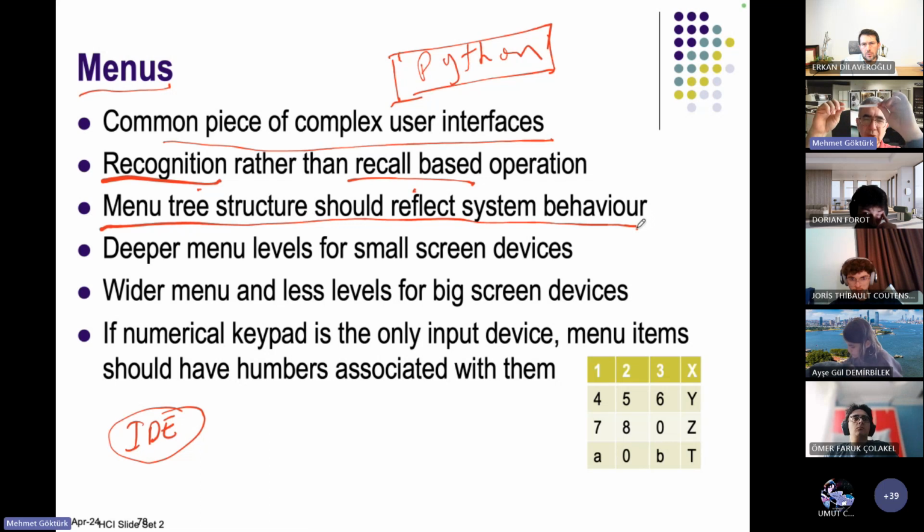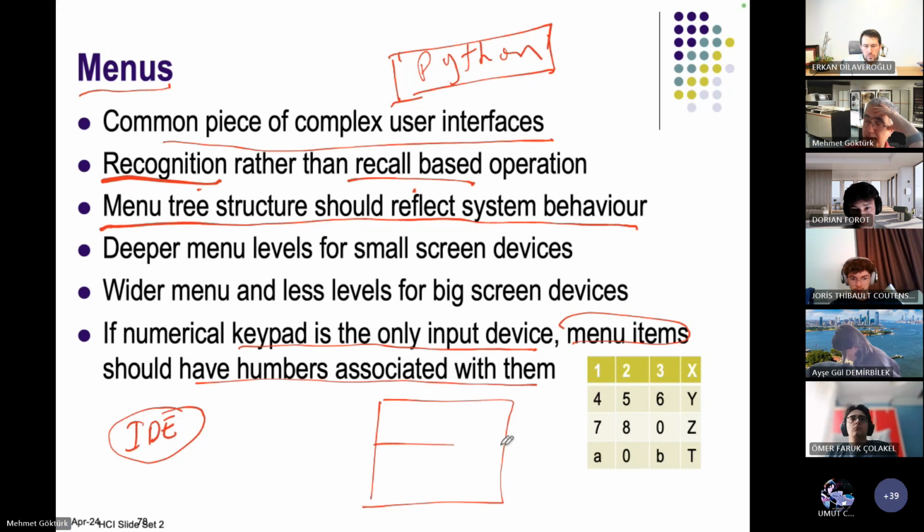In some cases, you only have a numerical input device, like a keypad only, in embedded devices, etc. If you have only the numerical keypad, menu items may contain numbers. For example, 1, save, 2, cancel.